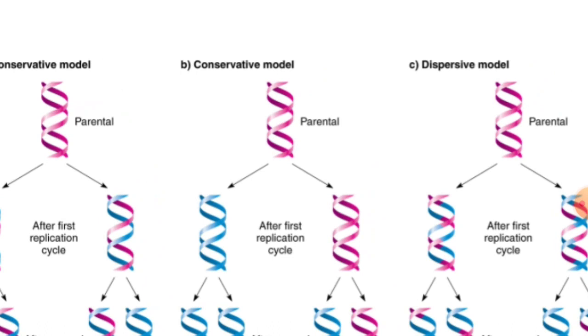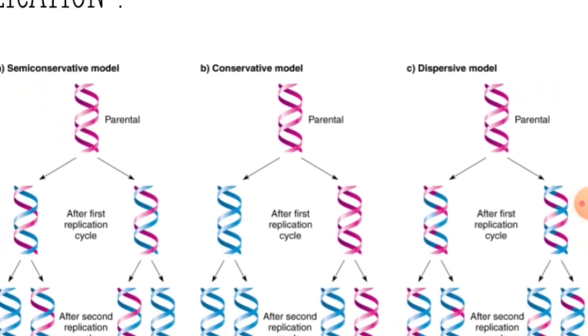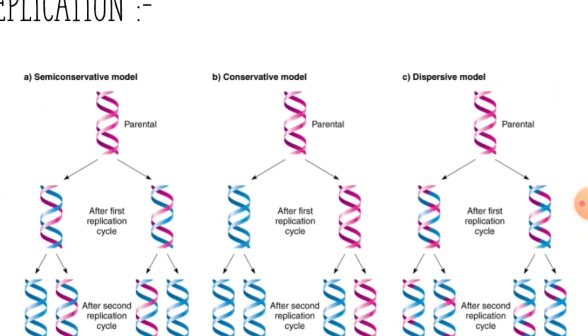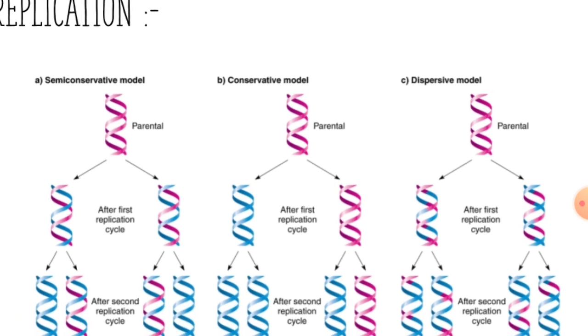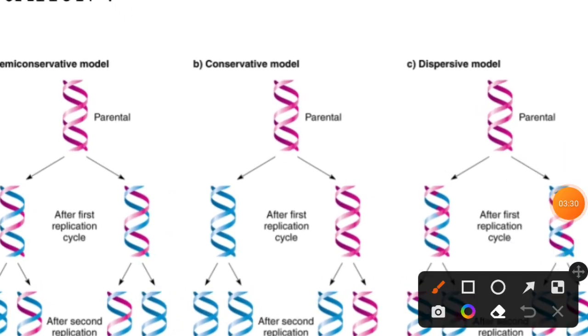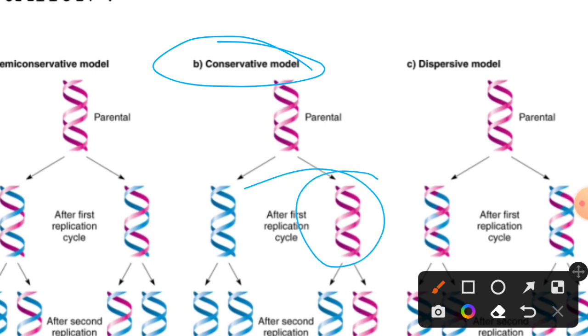Now I am not going to tell you which model is the preferred one. We are going to derive it with the help of the Meselson and Stahl experiment. So let's talk about the conservative model. This is another kind of model, where the parental DNA will remain intact, but there will be a new double stranded DNA molecule.